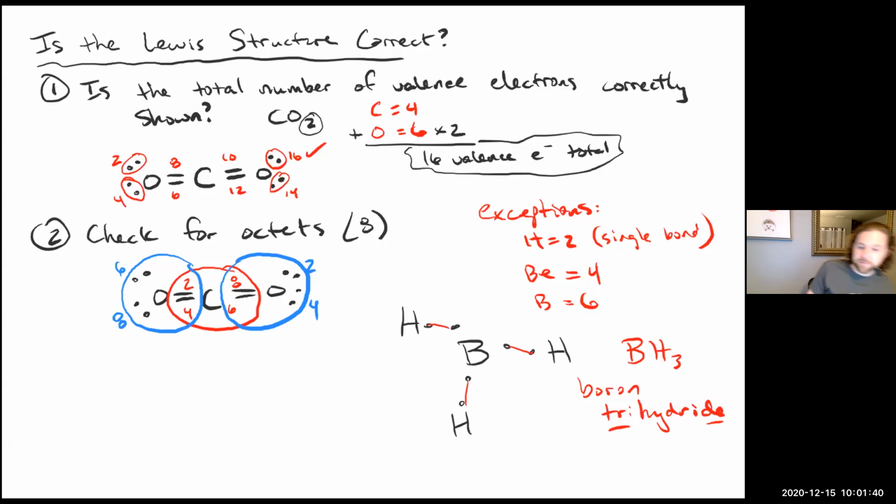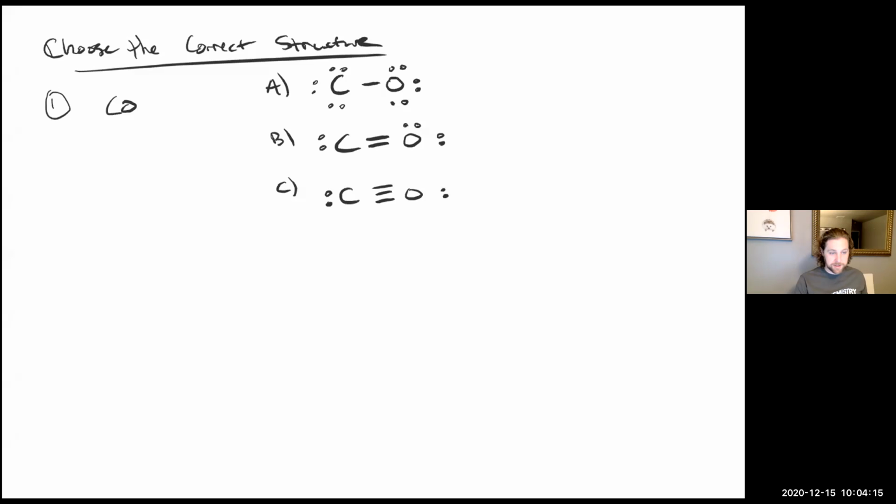So I'm going to show us some compounds. I'm going to show some drawings, and we're going to determine which ones are correct and which ones are incorrect. So this is our first set for carbon monoxide. Which structure do you feel is the most correct?